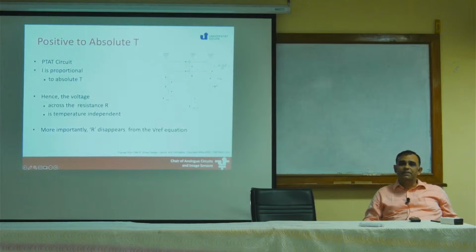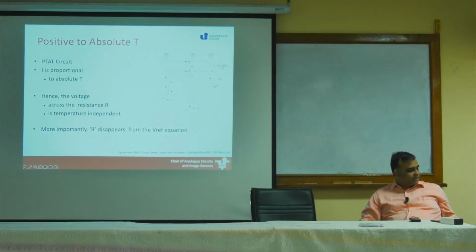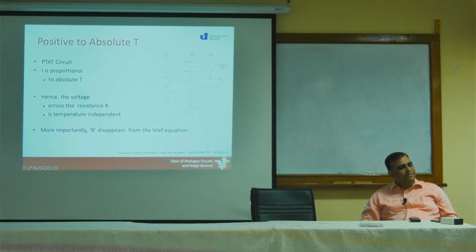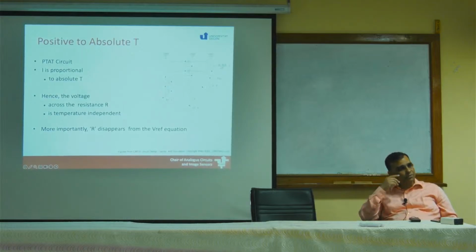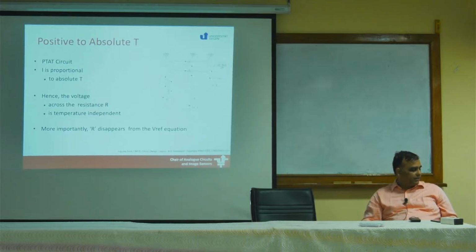Remember the first circuit which we saw, when we just took the voltage across the resistance. So we have n times device, and then we take the voltage across a resistance. So now we have both the voltage which is proportional to absolute temperature as well as the voltage which is doing the other way around.